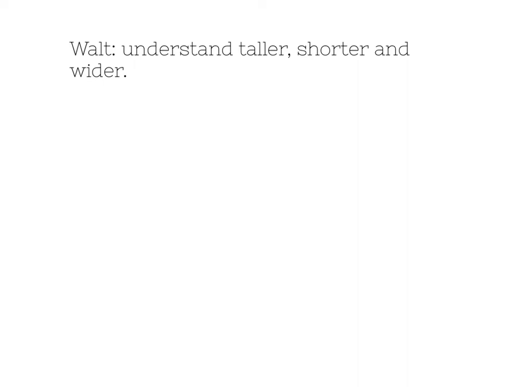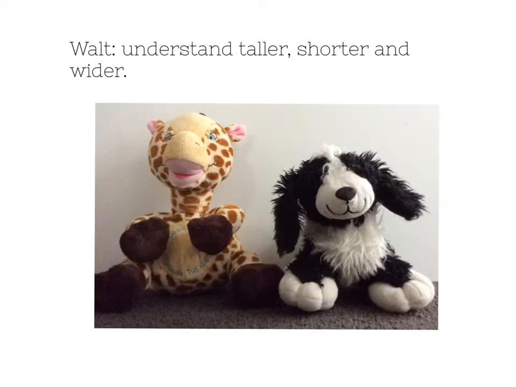Today we're going to learn how to understand what taller, shorter and wider means. Okay, so if we're looking at these two soft toys and I want to know which one is taller, I need to look how high each toy goes.